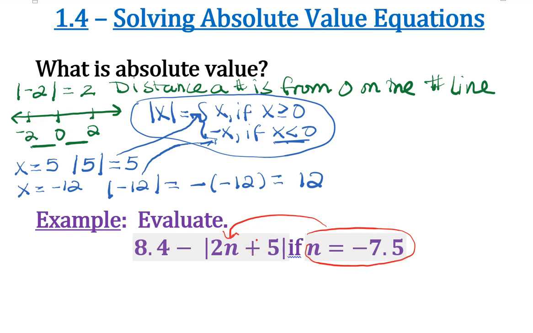So if we need to evaluate this expression of 8.4 minus the absolute value of 2n plus 5, when n is equal to -7.5, we're going to do the following. It becomes 8.4 minus the absolute value of 2 times -7.5 plus 5, close the absolute value sign.